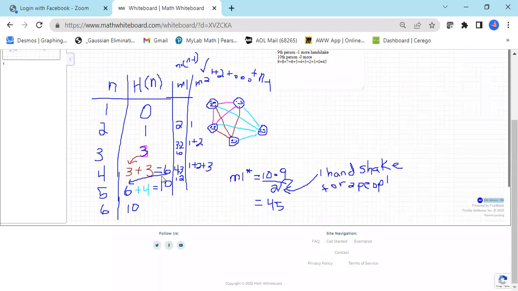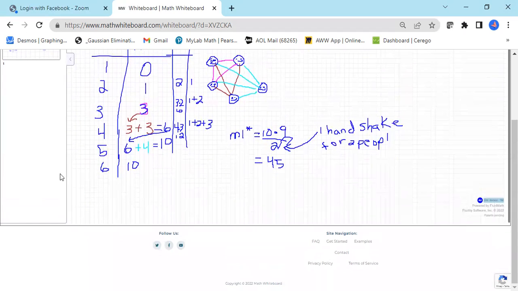Did I lose everything? To generalize, for n people, there would be n, we'd add up the numbers, n times, each person would shake hands with everybody else, 1 less than themselves, but each handshake counts for 2 people.